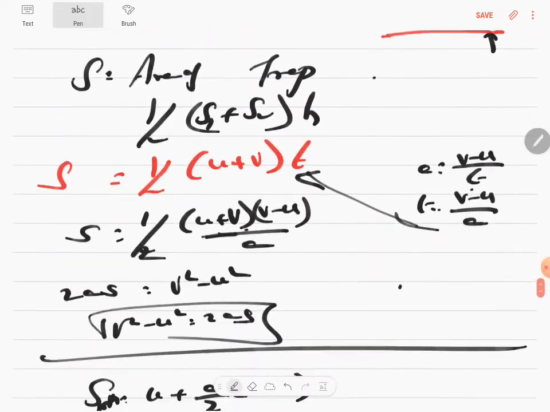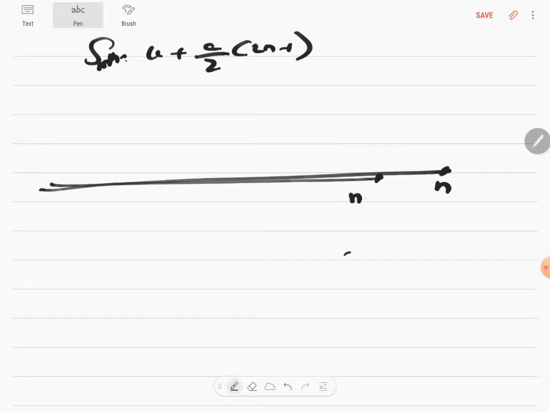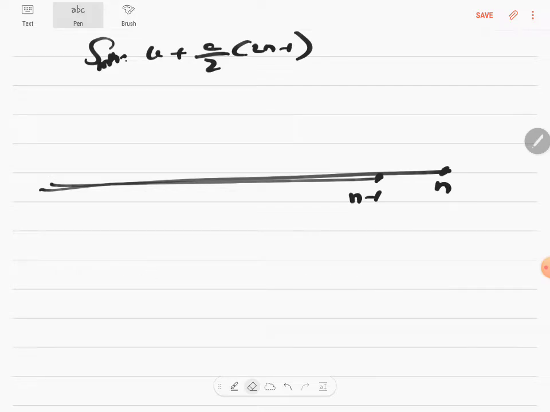The distance travelled in the nth second means distance travelled in n seconds minus distance travelled in n minus 1 seconds. If you travelled 10 seconds and 9 seconds, you get the distance in each, and subtracting gives the distance travelled in the 10th second, exactly.